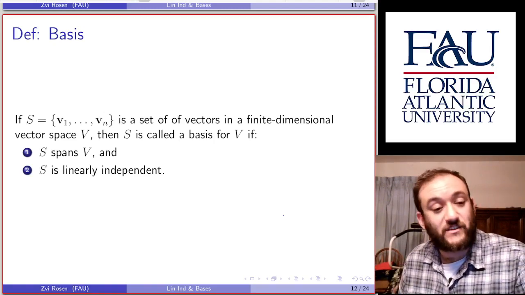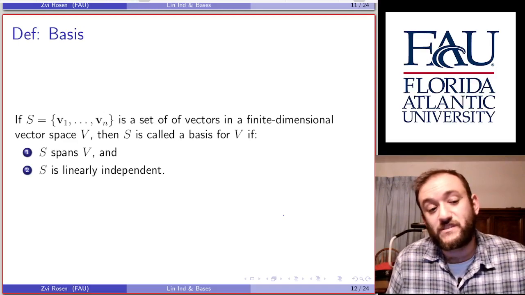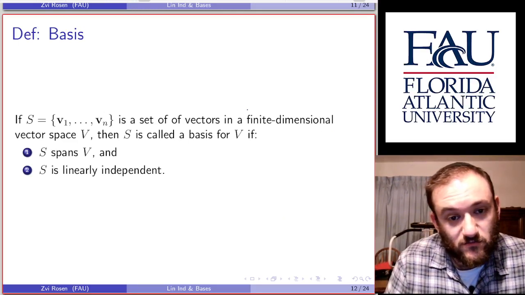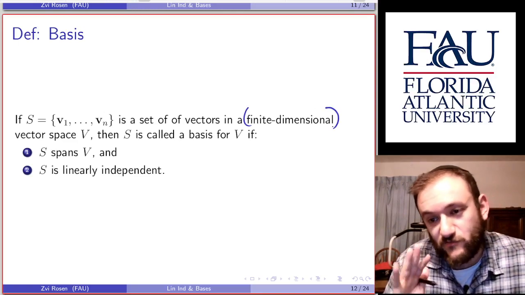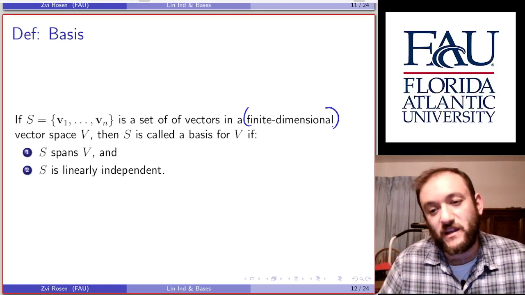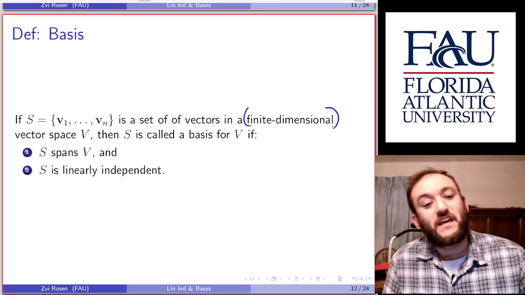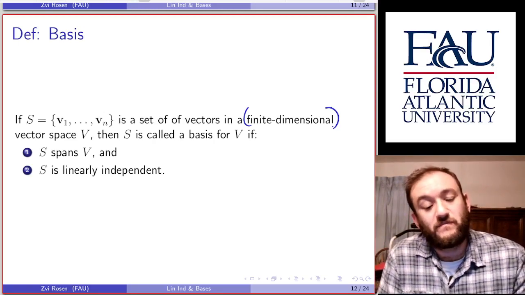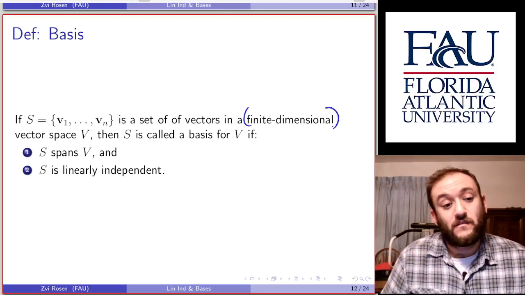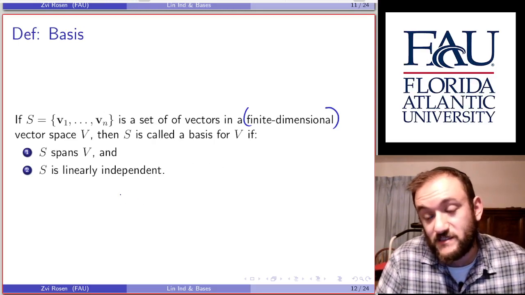So if we have a set of vectors S equal to v1 through vn in a finite dimensional vector space V (we're putting that in parentheses because we haven't defined dimension, but let's just think about it as Rn for some integer n), then S is called a basis for V if first, S spans V, and second, S is linearly independent.